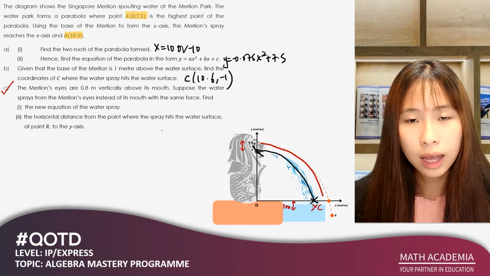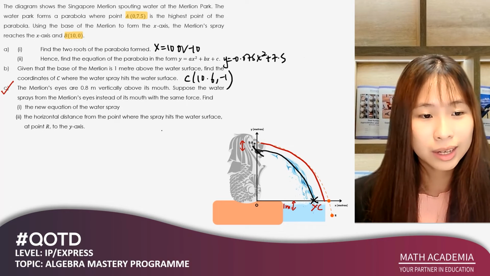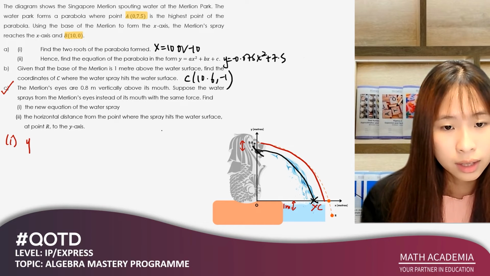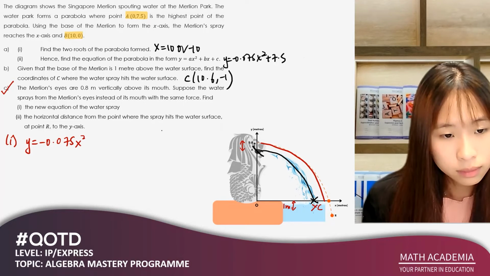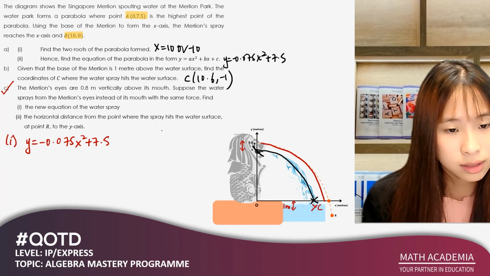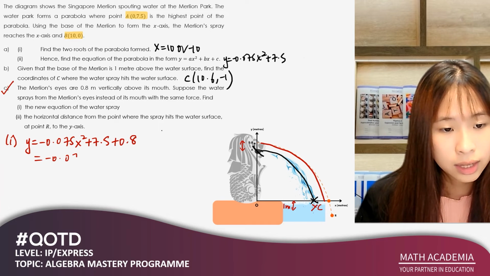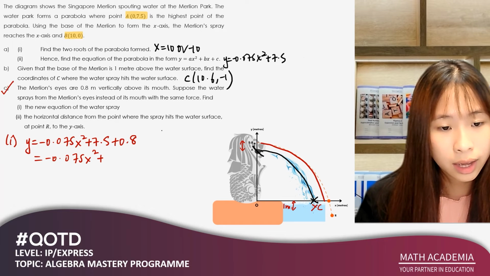It's exactly the same, except that the equation is shifted upwards. So the new equation of the water spray is the original equation plus 0.8, which is negative 0.075x squared plus 8.3.